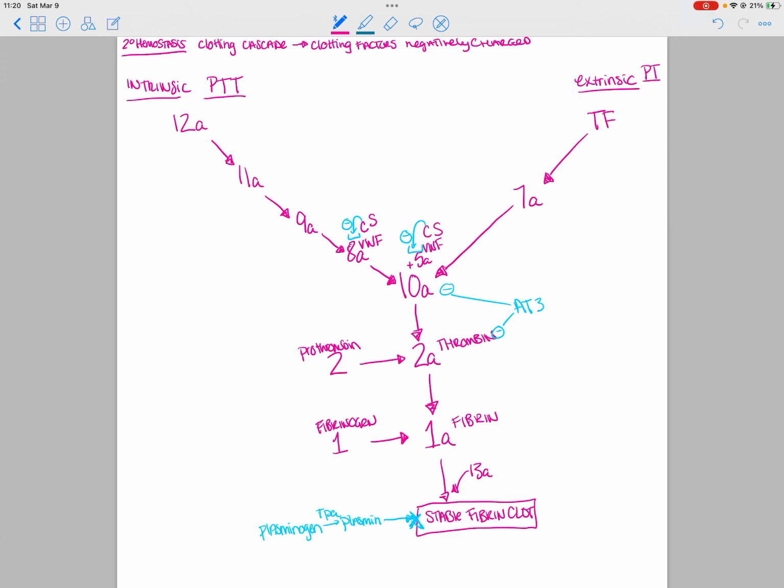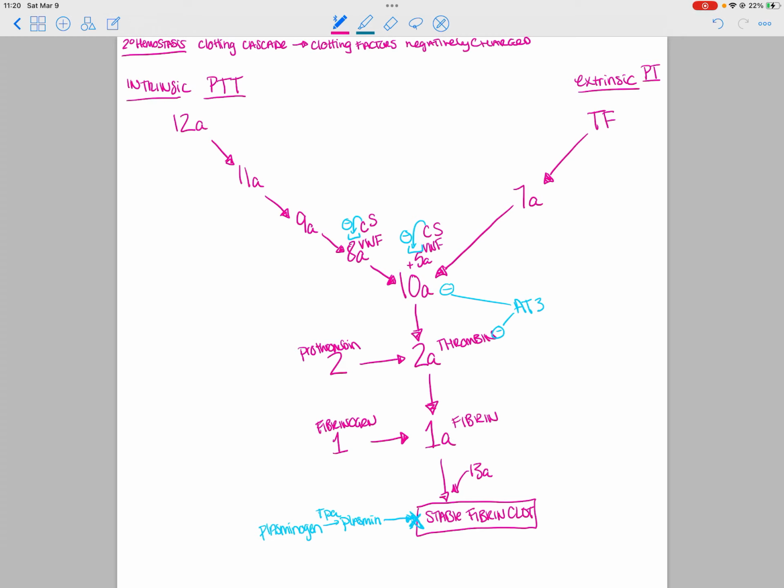Now, again, when we get to pharm, we'll talk about these lab values and how they can be increased or decreased dependent upon medications. But from a physio perspective, if PTT is elevated, that means that we have an issue in the intrinsic pathway. And if PT is elevated, that means that we have an issue in the extrinsic pathway.